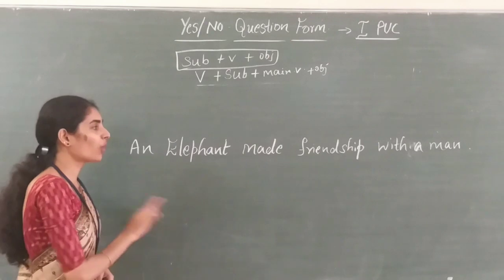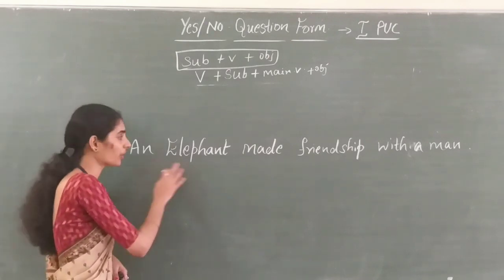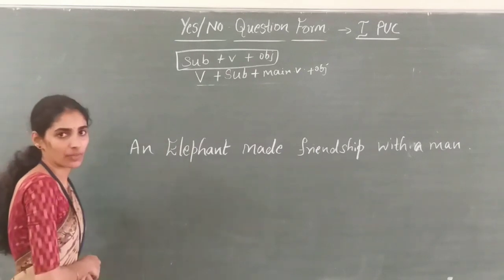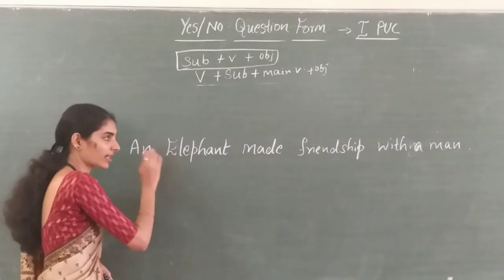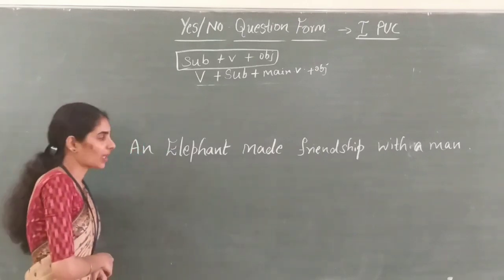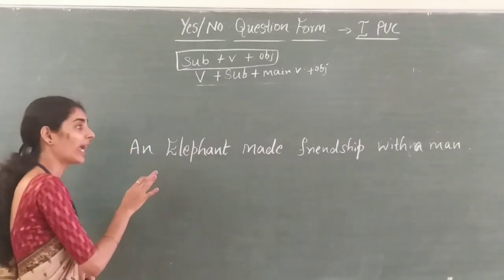So now there is no helping verb. This is how you will get the sentences in the exam. For 1 mark, now you have to frame a do form question for this kind of sentence. Okay, as I said, there is no helping verb and there will not be any helping verb.